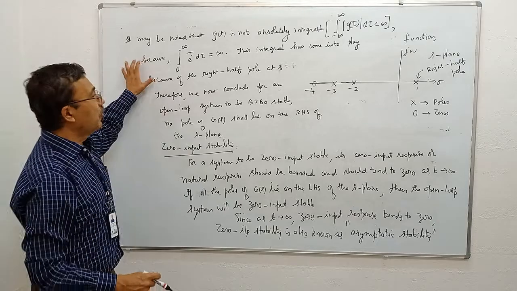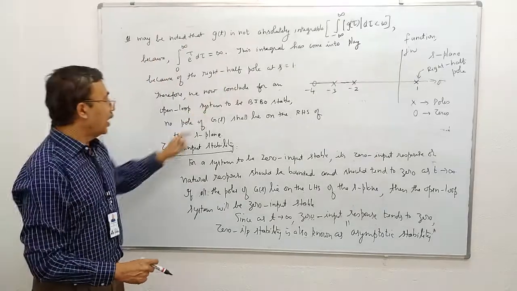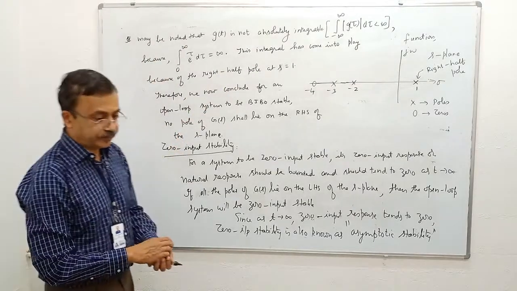A system is stable means it should be BIBO stable as well as zero input stable.